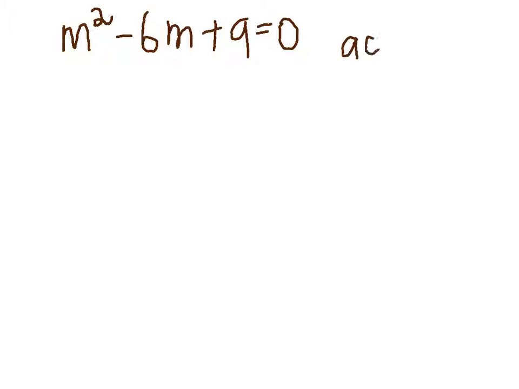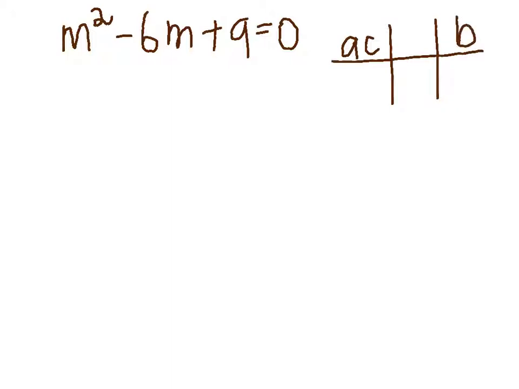So we're going to have m squared, take 6m plus 9 equals 0. Now this quadratic is really nice and simple because our a value is 1, because that's the coefficient in front of the m squared term. So I'm going to do up my little table.